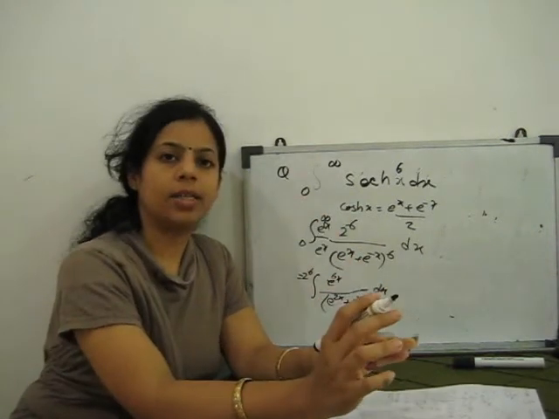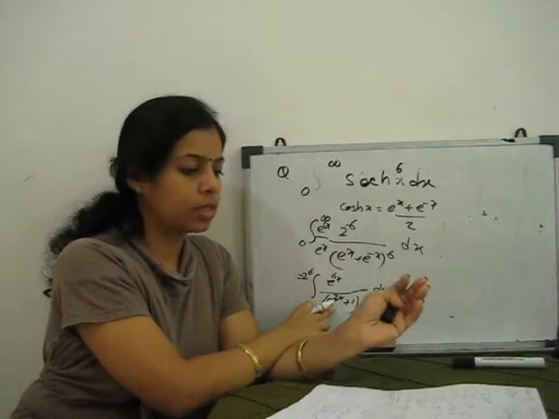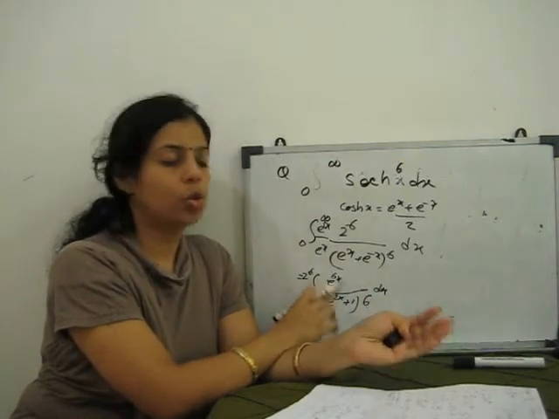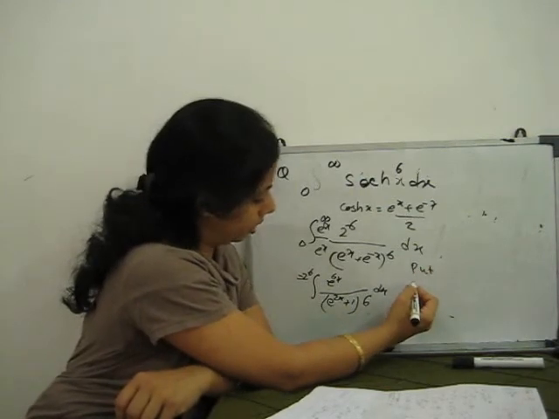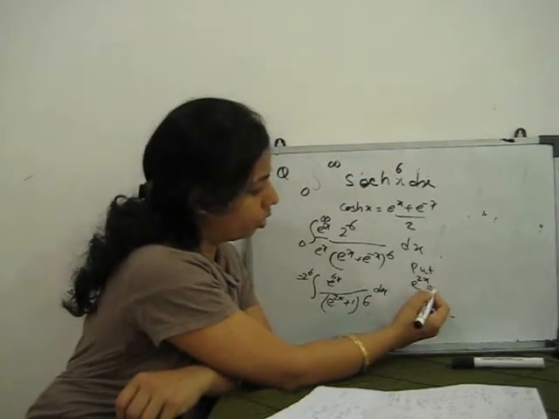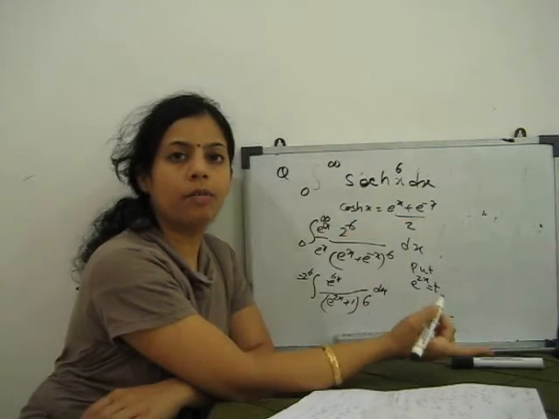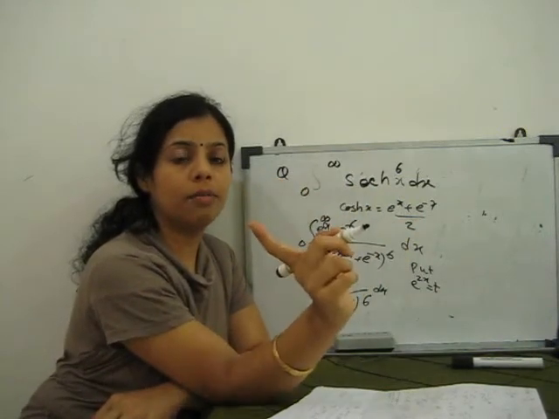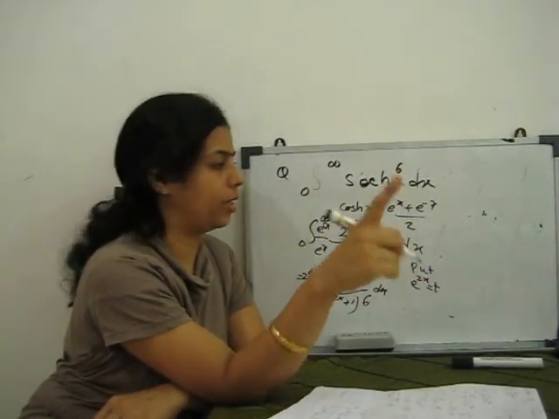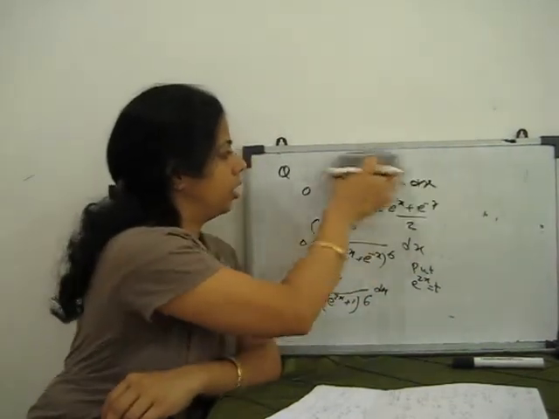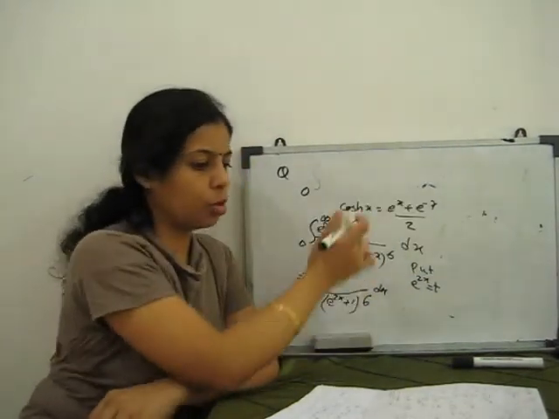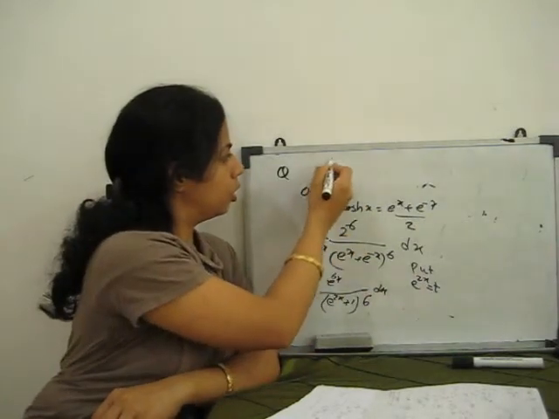Now very simple, put e to the power 2x equal to t. When we put this, it converts into a beta function as an improper integral.